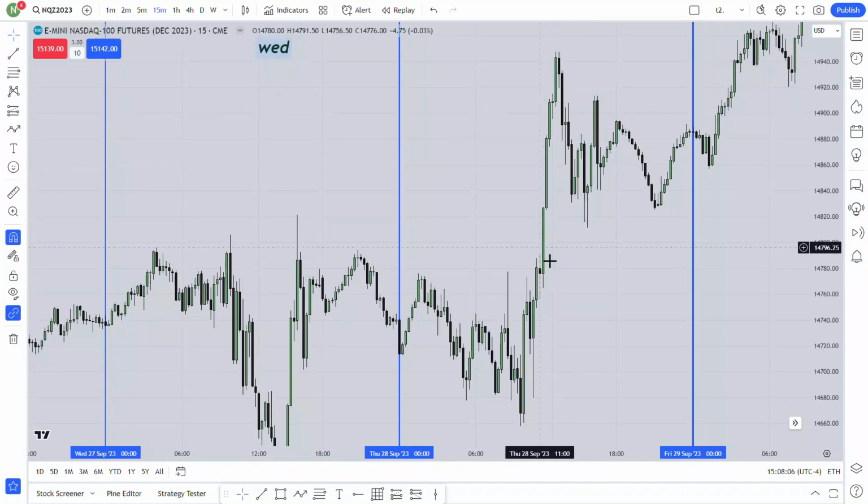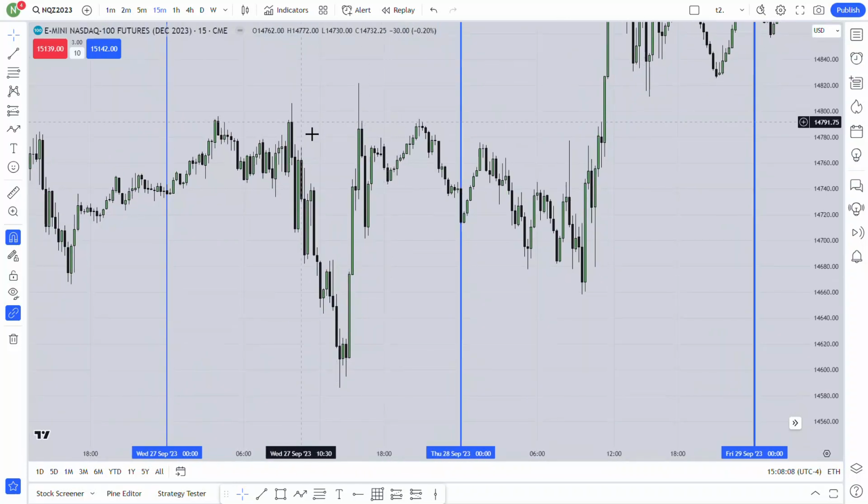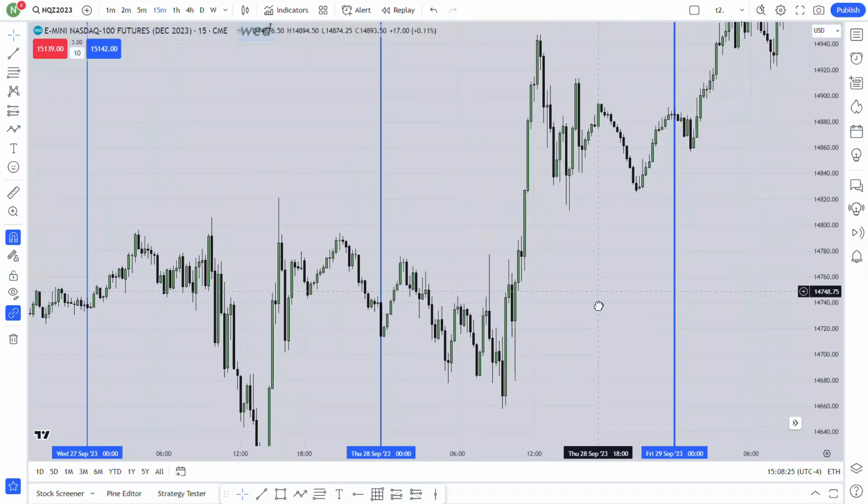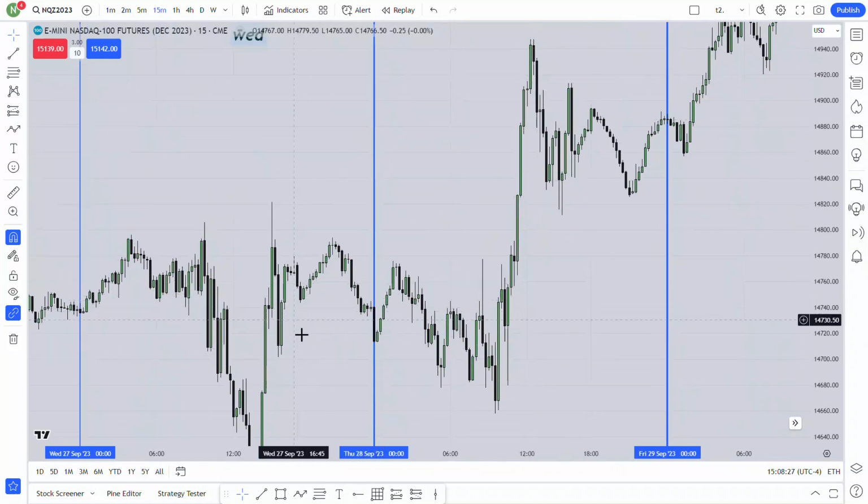Look at this run, this type of run. This is your PM session run, and on Thursday it continued with this run. As you have two runs over here, the lower run and the higher run, it continued with your higher run. From here you will get a very nice and clean setup in the 1 minute chart.